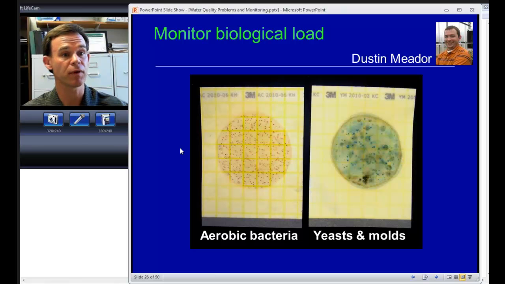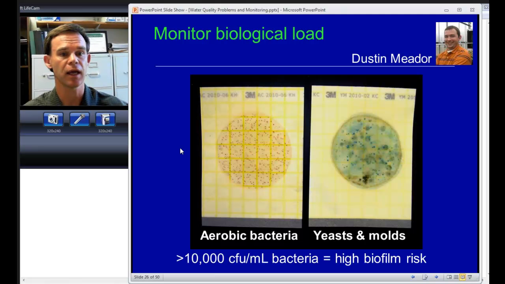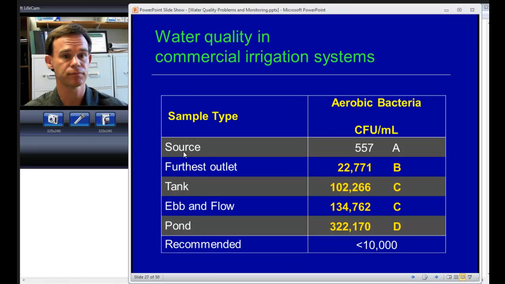And Dustin's provided some training to a number of growers to use this technique, and it's really quite easy to use. And the basic idea there is the threshold of 10,000 colony-forming units per milliliter of bacteria indicates a high biofilm risk.